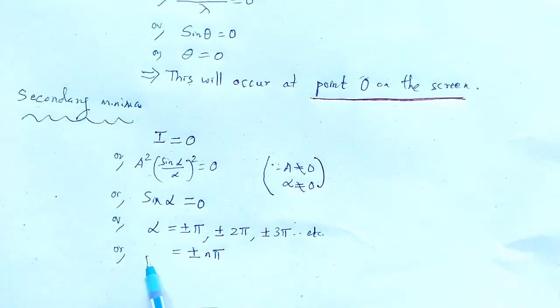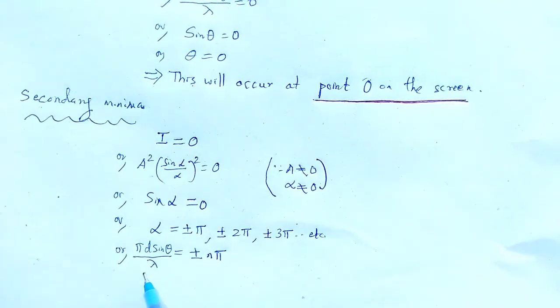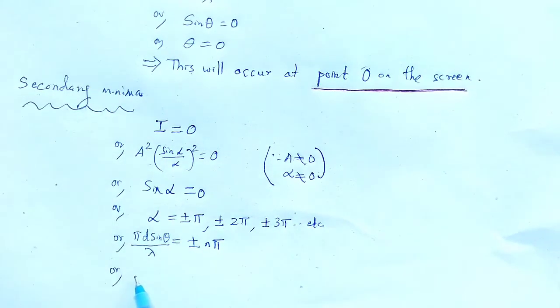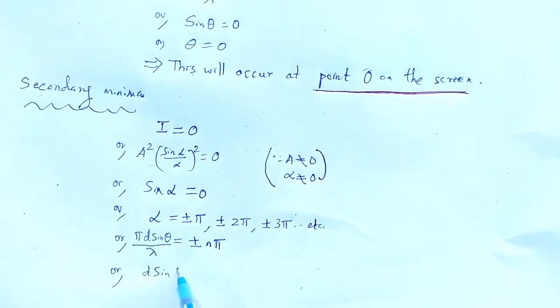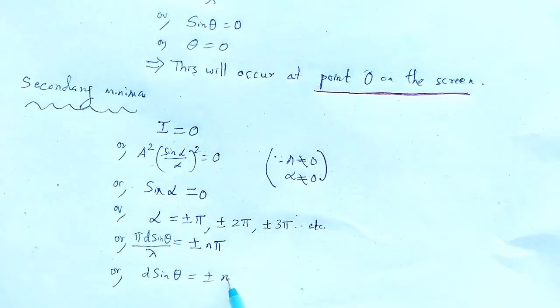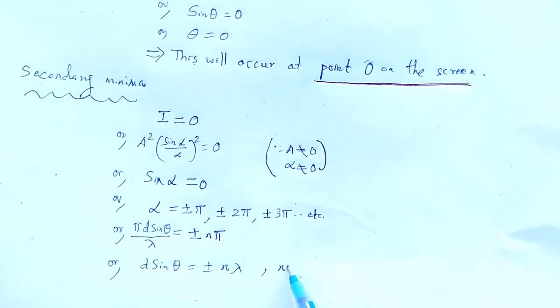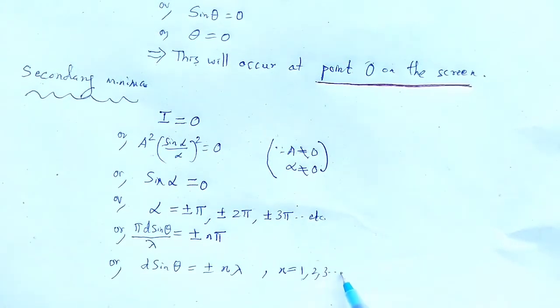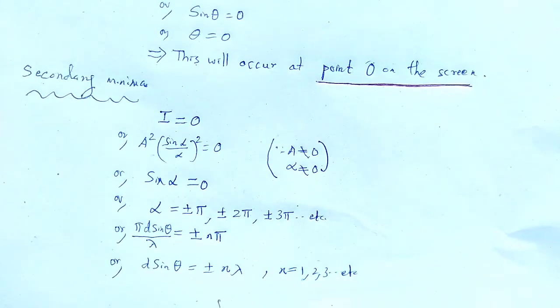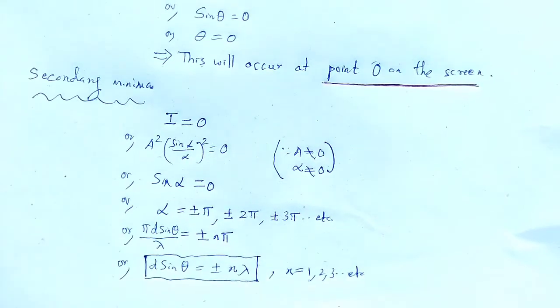Here the value of alpha is pi d sin theta divided by lambda. Therefore d sin theta is equal to plus minus n lambda. Here pi cancels out, where n stands for 1, 2, 3, etc. That be the expression.